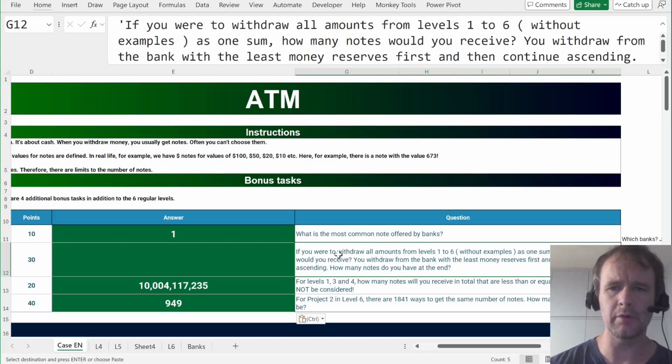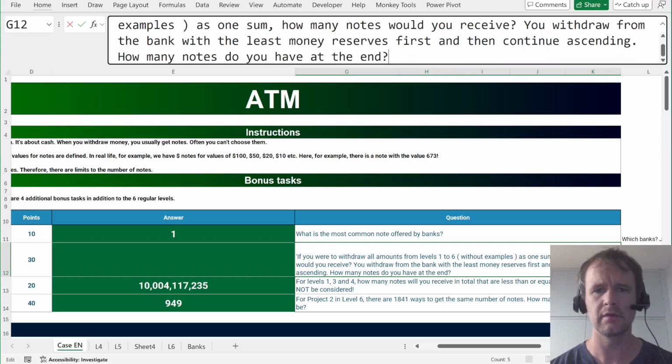If you were to withdraw all amounts from 1 to 6 without examples as one sum, how many notes would you receive? Withdraw from the bank with the least money reserves first, and then continue ascending.